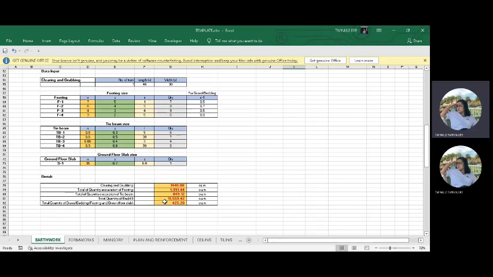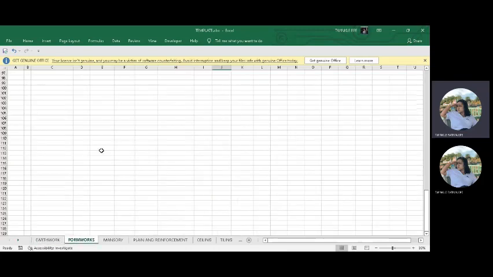Total quantity of backfill we have 11,559.42 cubic meters. And the total quantity of the gravel bedding of footing and the ground floor slab we have 425.28 cubic meters.